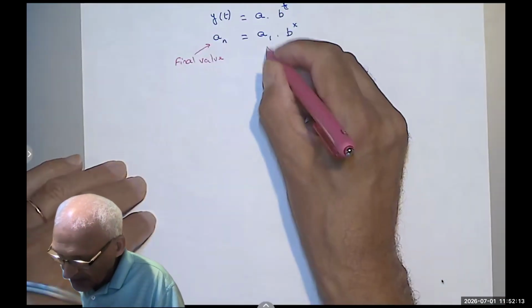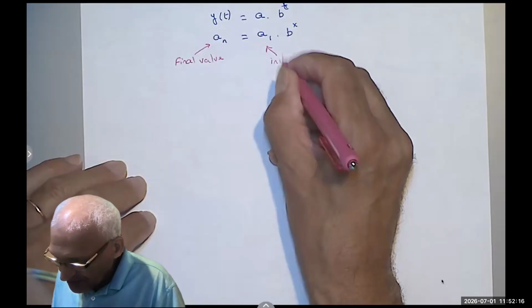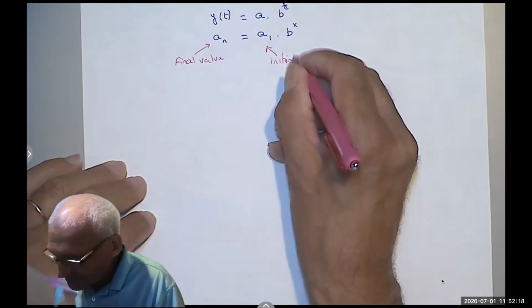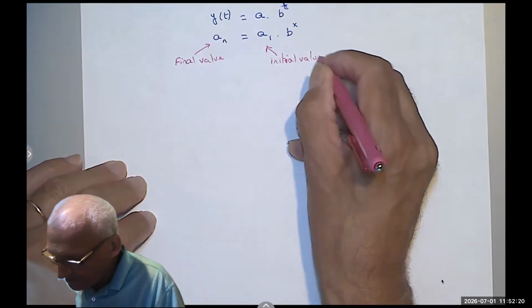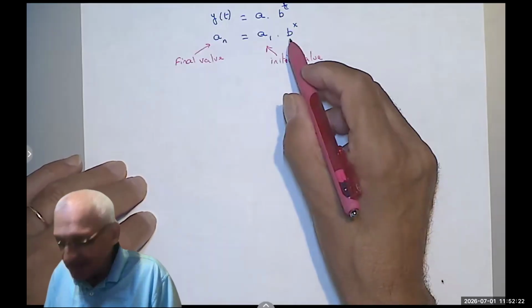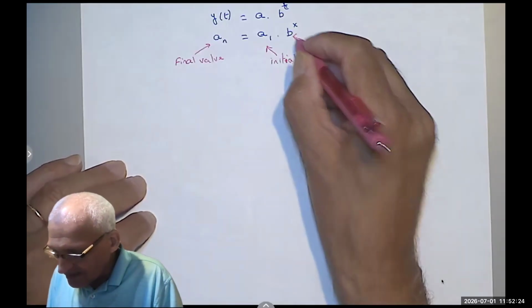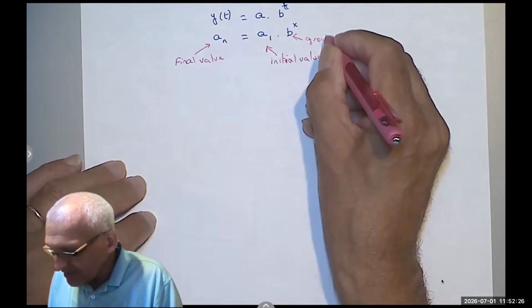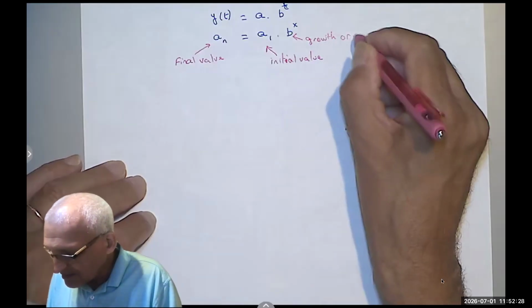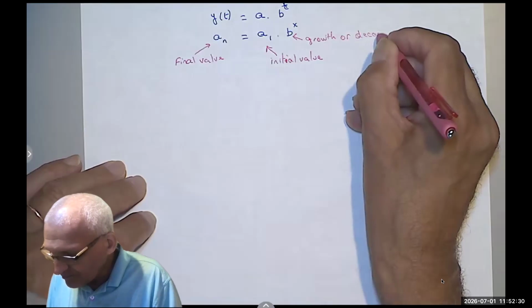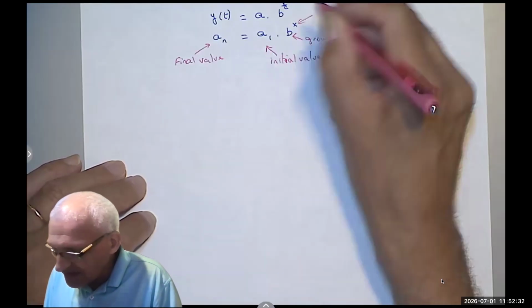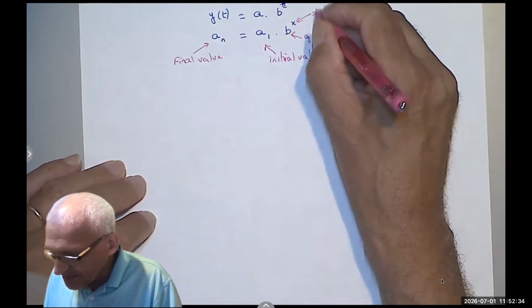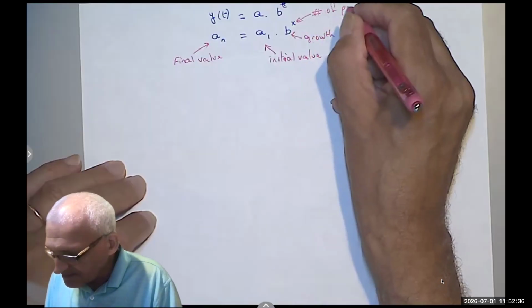A sub 1 is the initial value. B here is either growth or decay. We'll talk about that. And x or t here is the number of periods.